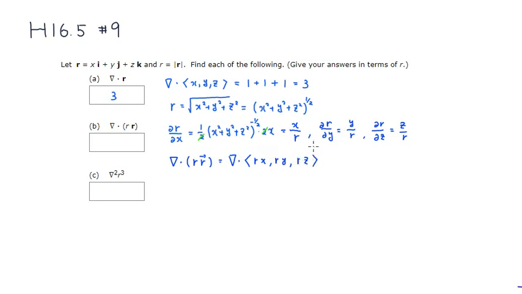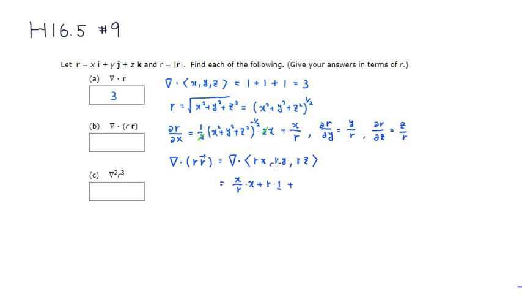If you take the partial derivative of this with respect to x, since it's a product, I'm going to use the product rule. The partial derivative of r with respect to x is x over r, times x, plus r times the partial derivative of x, which is 1.